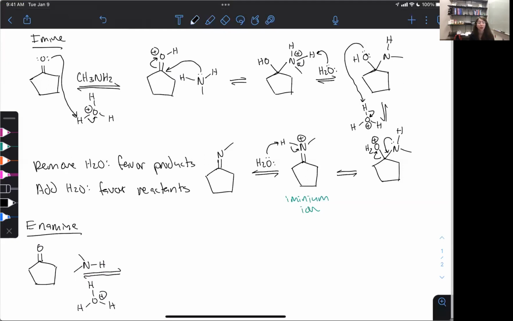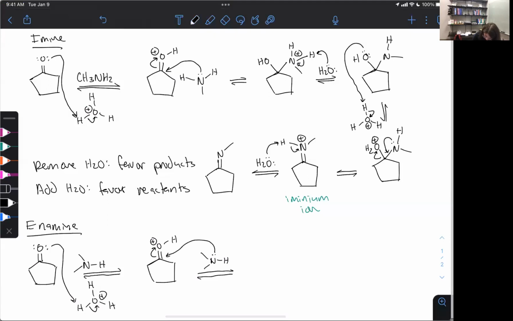I still have equilibrium arrows. I still have acid. So I'm going to start off the exact same way. We're going to protonate that ketone first. Okay, and then we can come in with our nucleophile just like we did before. So far it is all identical.